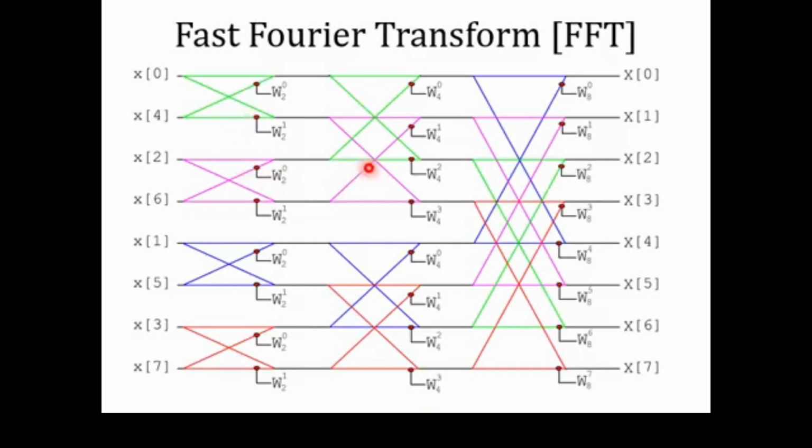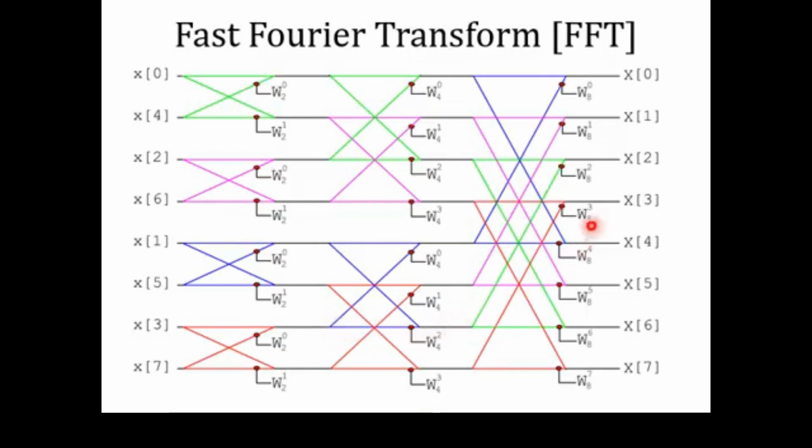Similarly, in this butterfly operation, which is represented by purple color, you will find the first twiddle factor W4^1, which is on the diagonal line, while the second twiddle factor of this butterfly operation is W4^3, which is on this straight line. Similarly, this blue color butterfly operation also contains two twiddle factors. The first twiddle factor W4^0 is on the diagonal line, while the second twiddle factor W4^2 is on the straight line of this butterfly operation.